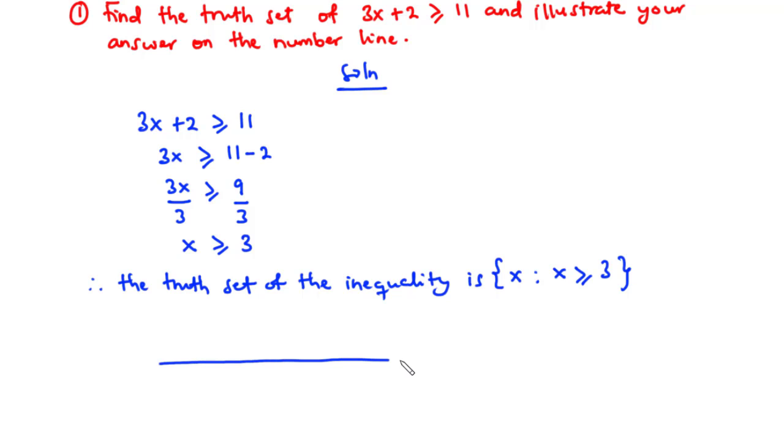So we have this number line here, and then we have 0, 1, 2, 3, 4, 5, and so on. We are going to indicate 3 on the number line, and here we have the inequality sign to be greater or equal to, so we represent that with a shaded circle.